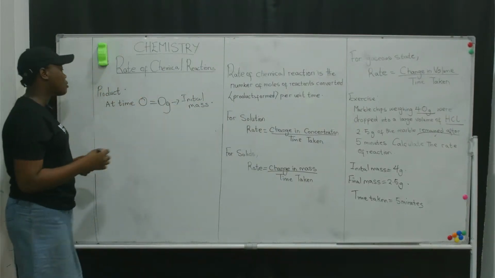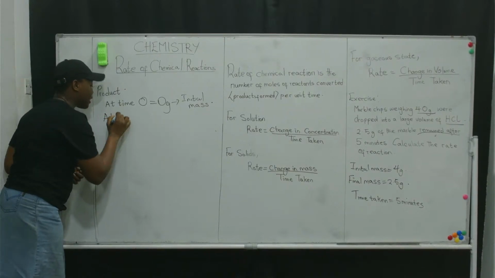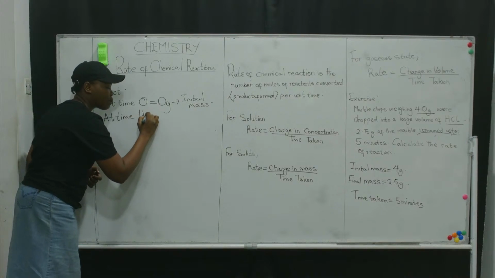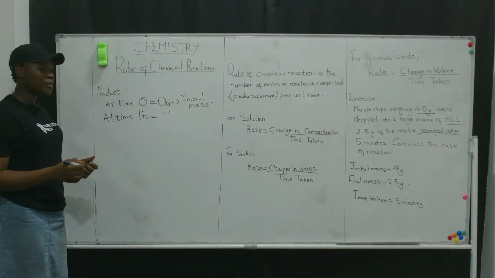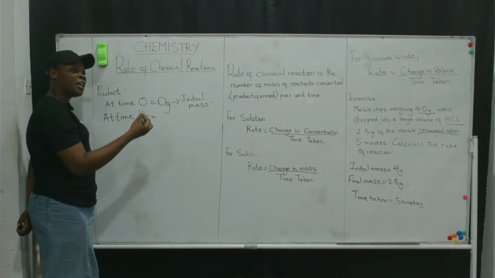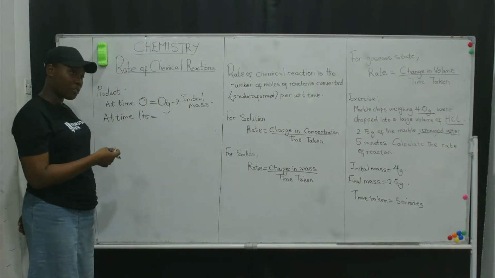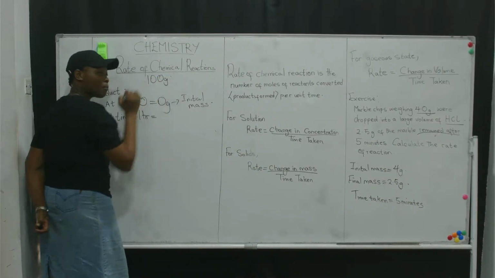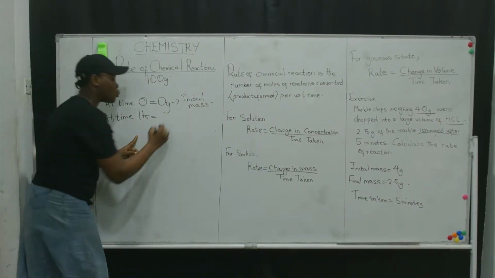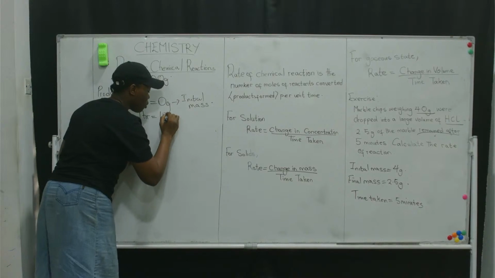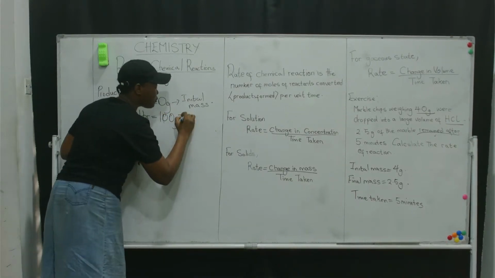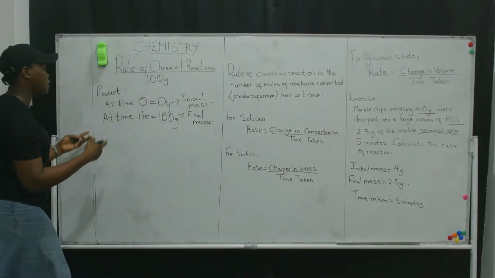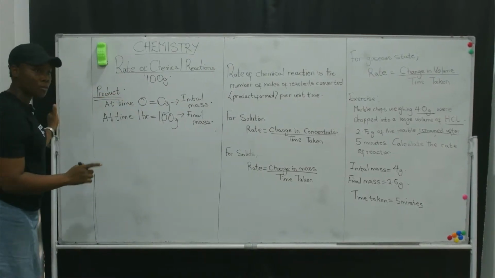Assuming it will take 1 hour, and the mass of the reactant must be equal to the product, assuming it is 100 gram. So at 1 hour, it will be 100 gram. And this is final mass. This is for the product, right?